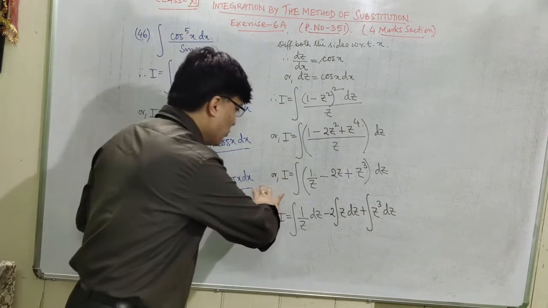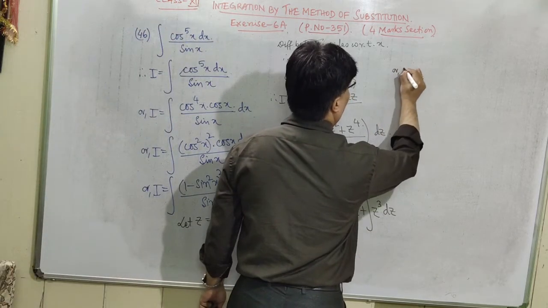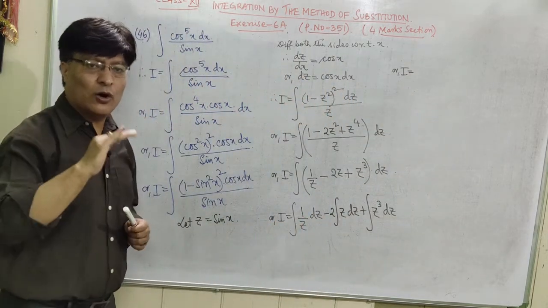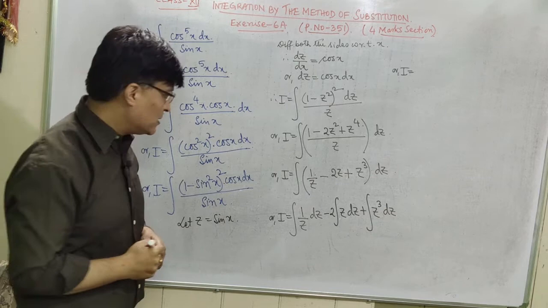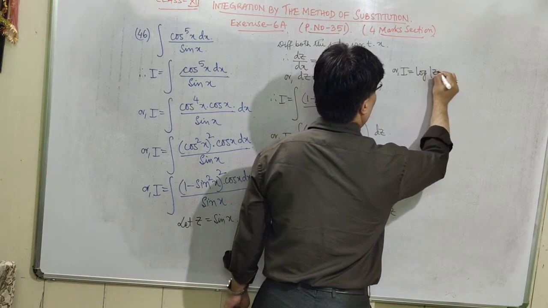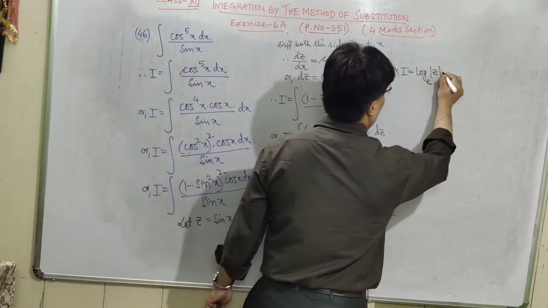Okay. So now you can easily integrate them, or I is equal to, what is integration of 1 by z dz, or differentiation of which function is 1 by z? It is log within mod z, log within mod z base e. Minus 2 is there.